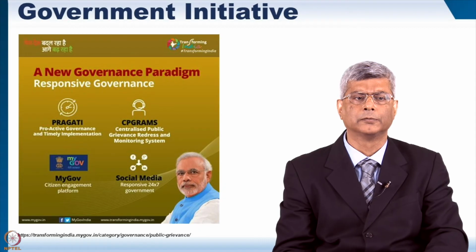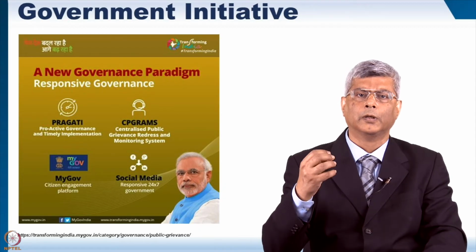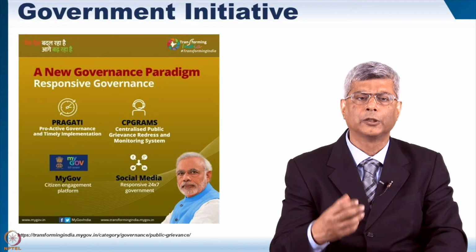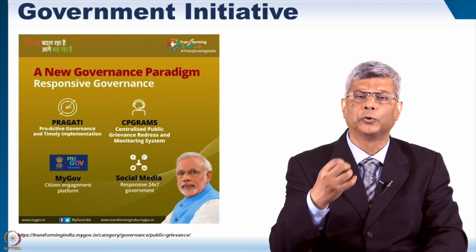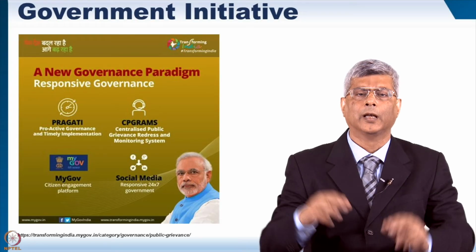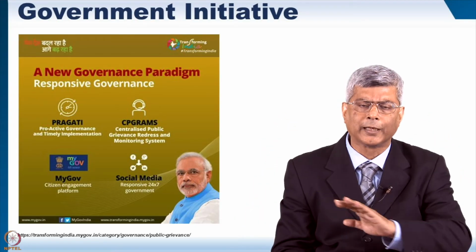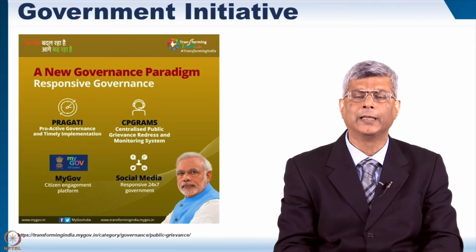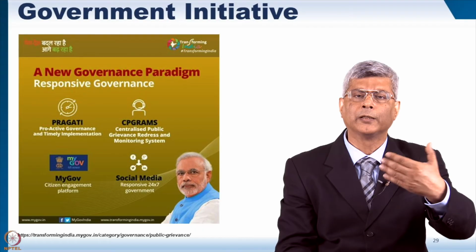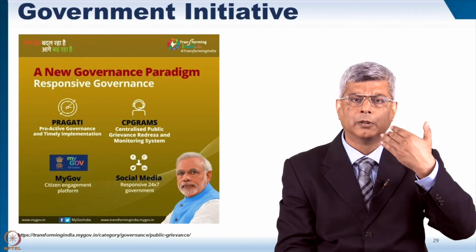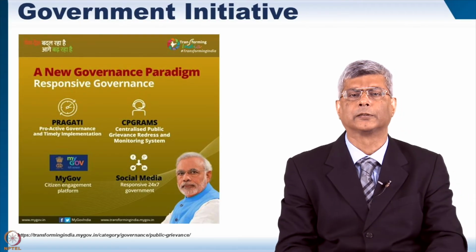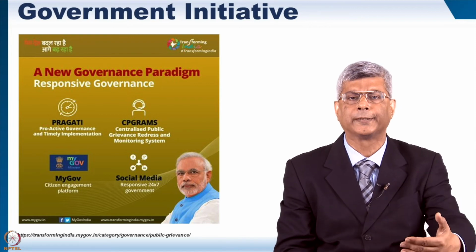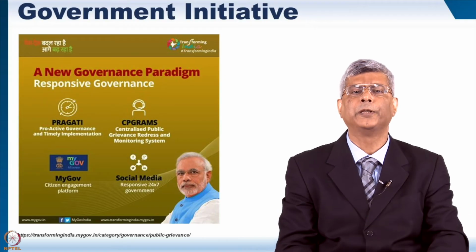Government departments. A great thing is that the government has launched an initiative for good governance, including responsiveness across government departments. And if you go to the website, the link is given below, you can see how government departments, ministries, etc., are now becoming responsive to the common Indian people.